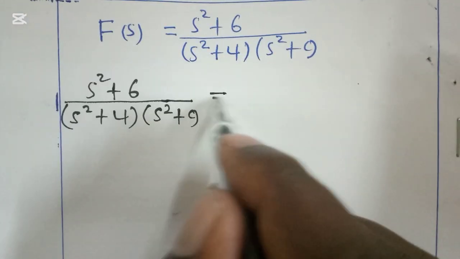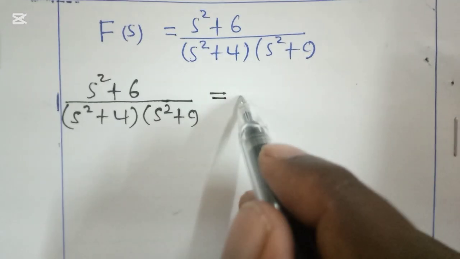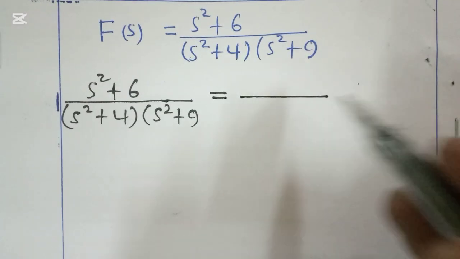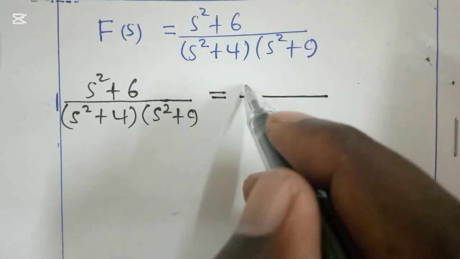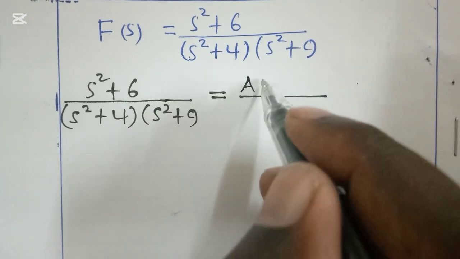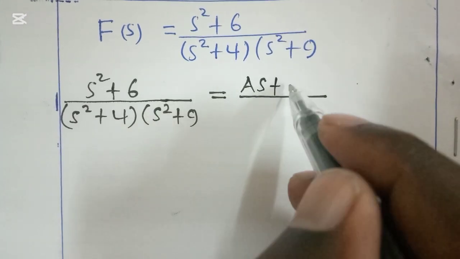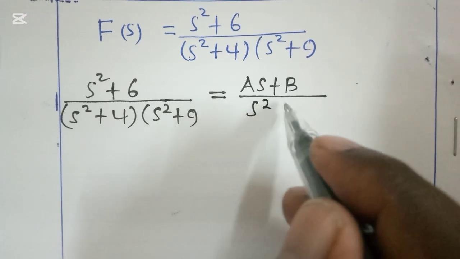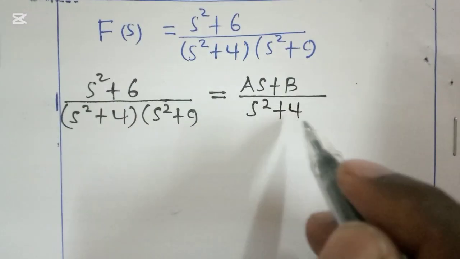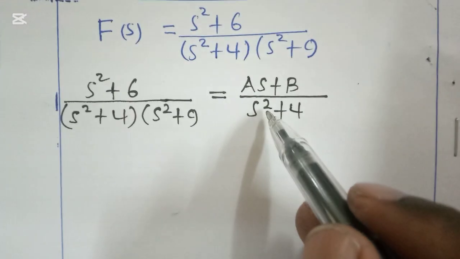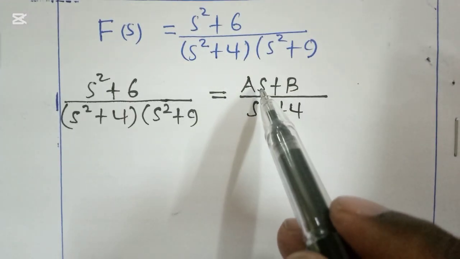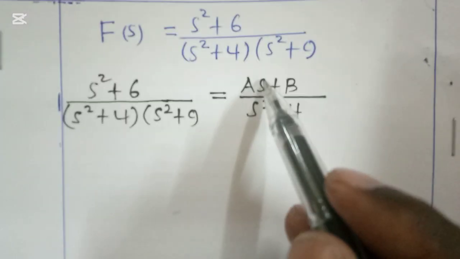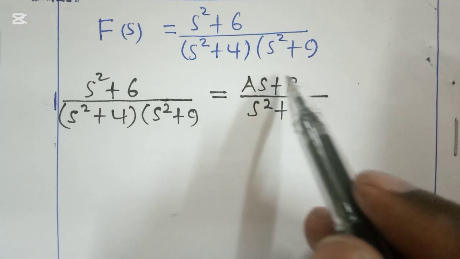So this is going to be, you can put a line there, as plus b, and I'll say why I'm doing that. Because if you have s squared here, then the power of s should be in ascending order.